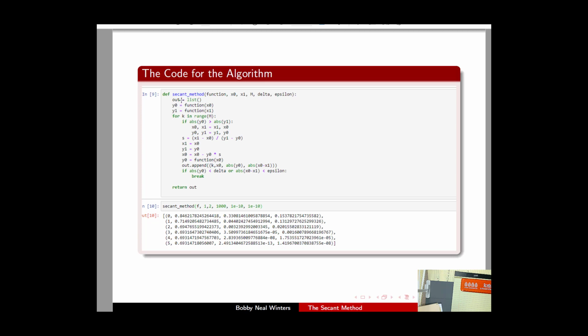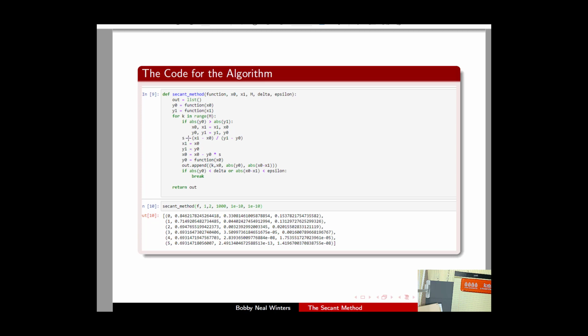We run through, putting our output in a list. y0 is f of x0, y1 is f of x1, and if the absolute value of y0 is bigger than the absolute value of y1, we choose our x0 and x1 one way, and otherwise we flip it around.